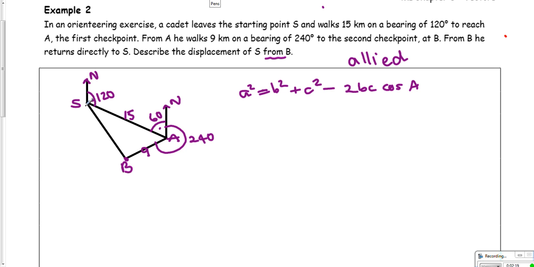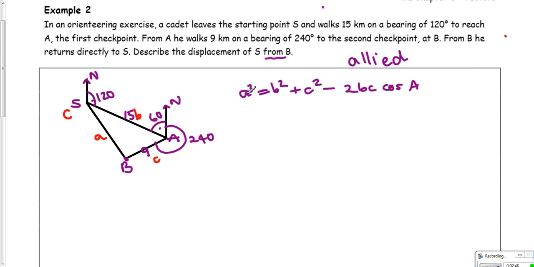I'll just change pen colours so we can see a bit more clearly the labelling. So I want to know this distance SB, so because that's at the front of the formula, I'll call this side a. It also happens to be opposite the angle A, so that makes sense. b is opposite B, and then what is called S in this one is what we would normally call c in our standard application of the formula. Remember, the side and the angle have to be opposite each other.